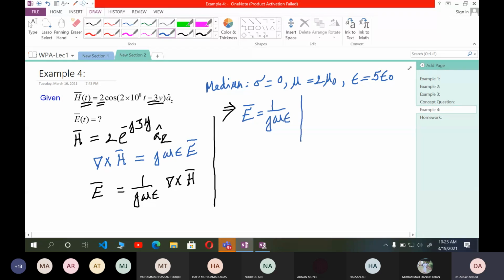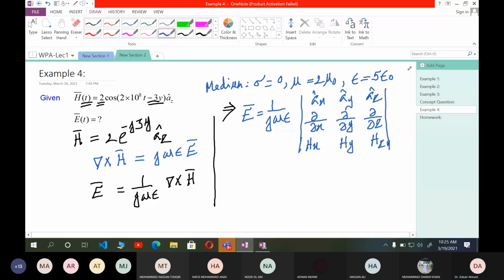So curl of H can be written as a x unit vector, a y unit vector, a z unit vector, and partial of partial x, partial of partial y, partial of partial z, hx, hy, and hz. So this is the fundamental definition of curl of a vector in Cartesian coordinates. So I expanded this curl of H.